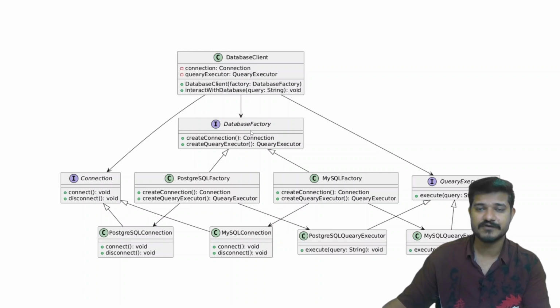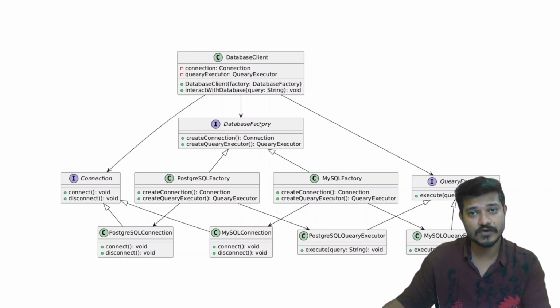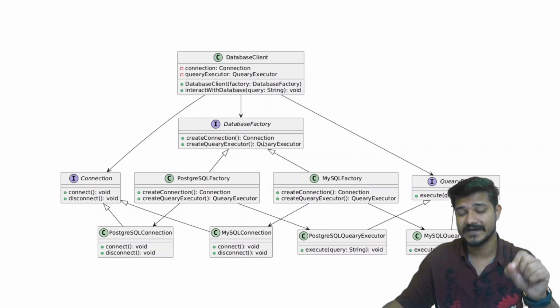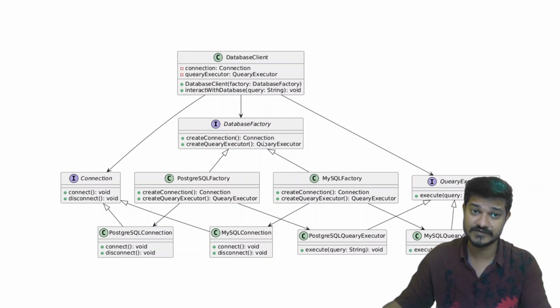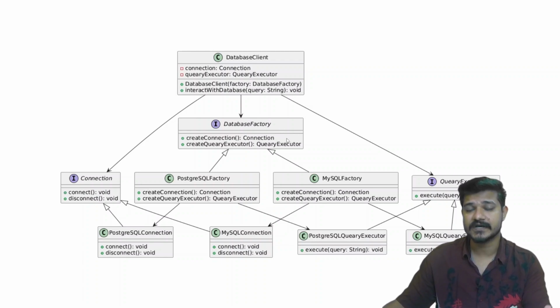Similarly, this factory also doesn't depend on any of the concrete classes, but depends on the abstract class or the interface. So which supports loose coupling, right? So yeah, the factory provides you an interface to create a family of related objects, connector and executor, without actually specifying your concrete classes, but by specifying your interfaces, right? So yeah, this is the whole structure that we are going to follow.